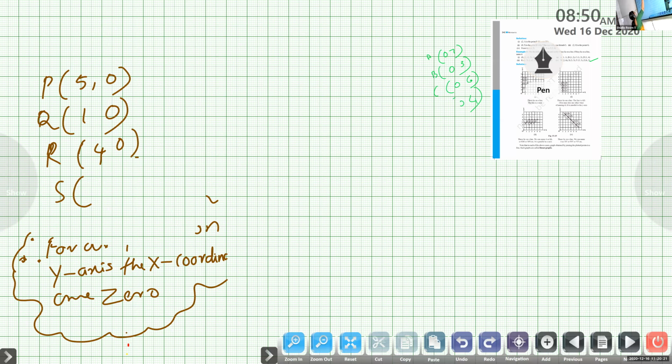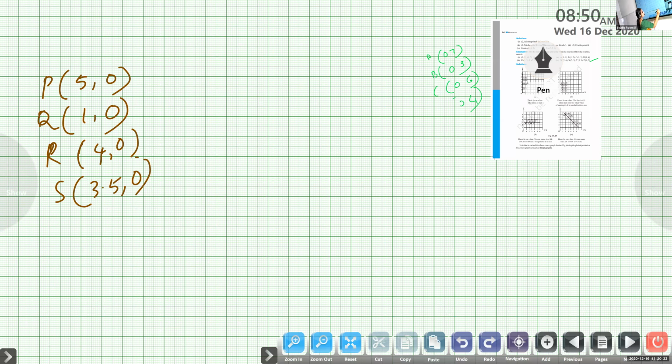P is 5, 0. Draw the X and Y axes. 0, 1, 2, 3, 4, 5, 6, 7, 8, 9.